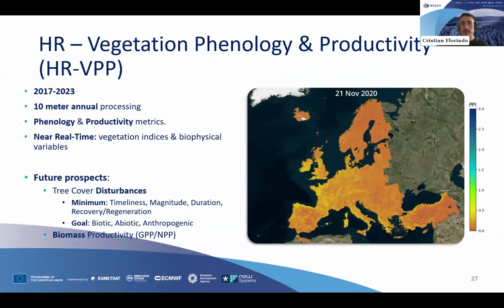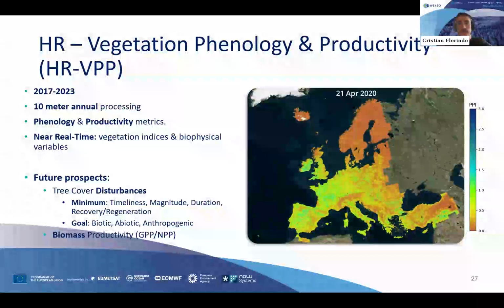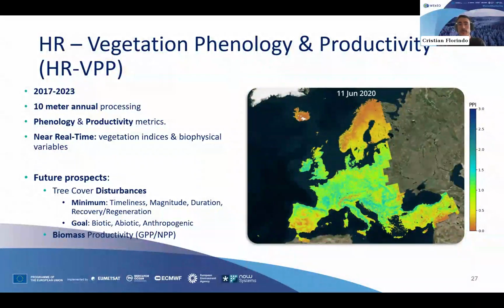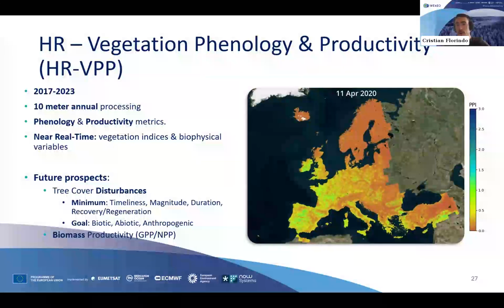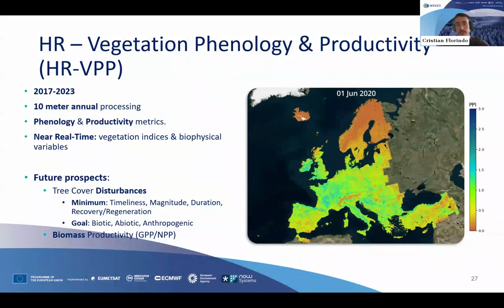So the resolution is 10 meters, and you will find information on phenology and productivity, which is crucial for insights into vegetation health and productivity. Phenology helps us observe vegetation growth cycles and how they change over time. And it is near real time. So that's really important for monitoring.